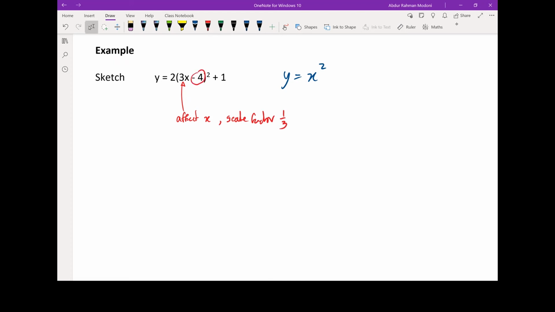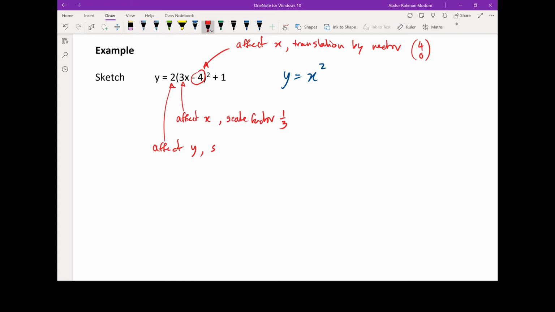Then we've got this minus 4. What's that doing? Again, it's inside the bracket, so it affects x, and it's a translation by vector (4, 0). Since it's in the x, we do the opposite. Then we've got this 2 outside the bracket, so this affects y.